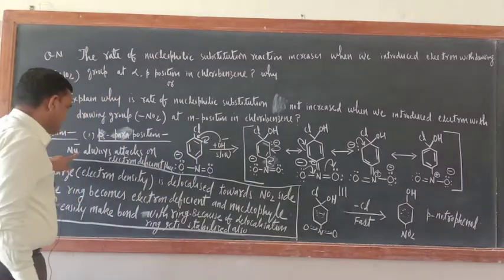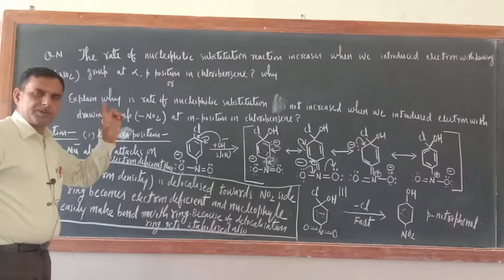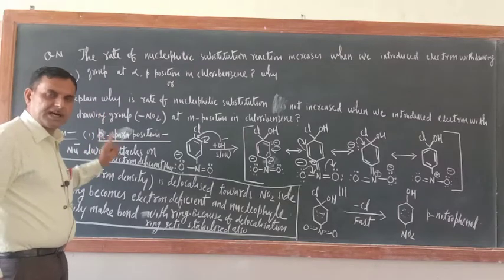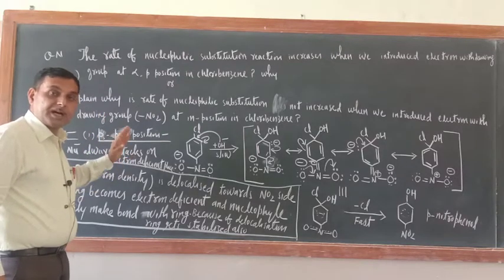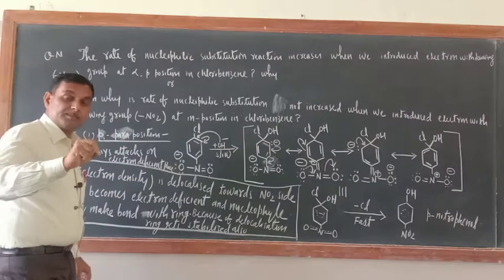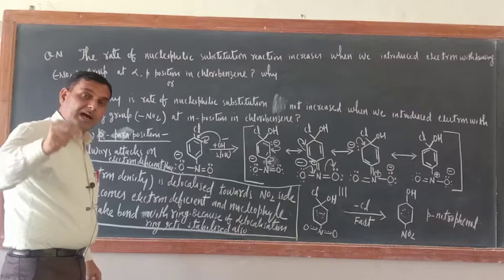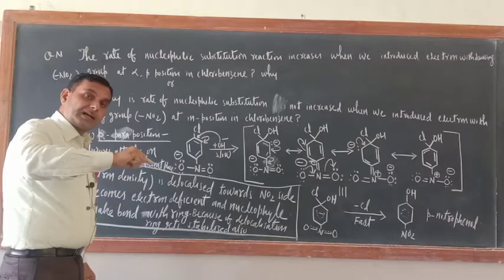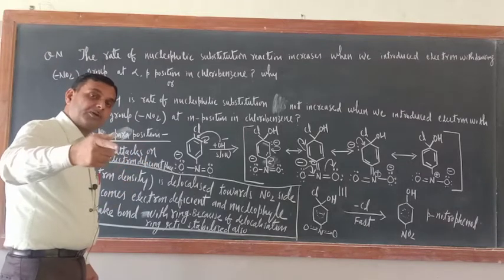Nucleophile, what is your basic? A nucleophile always attacks those centers which are electron deficient. Electron deficient means the nucleophile attacks an electrophilic center, and an electrophile always attacks a nucleophilic center.